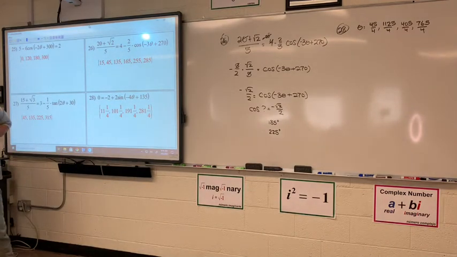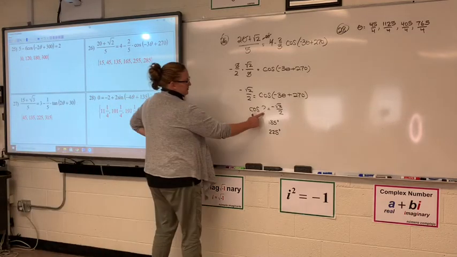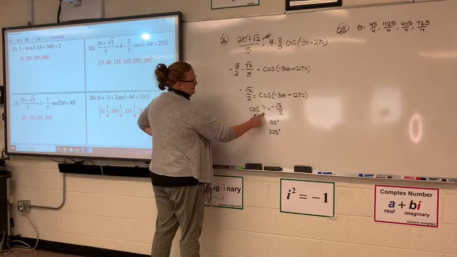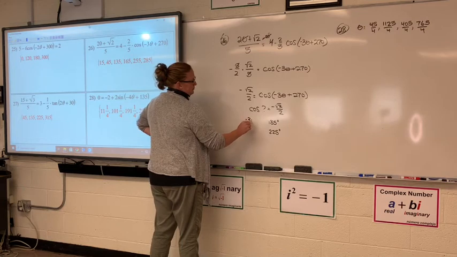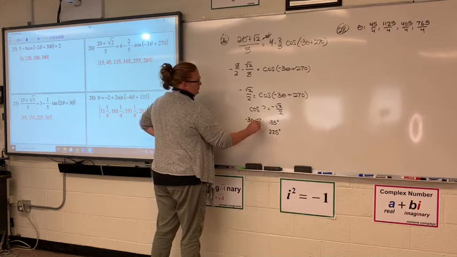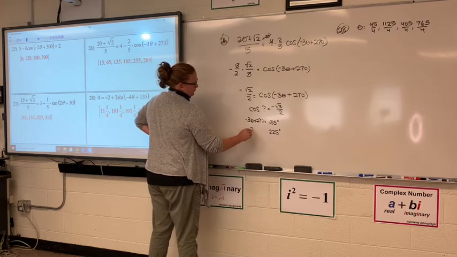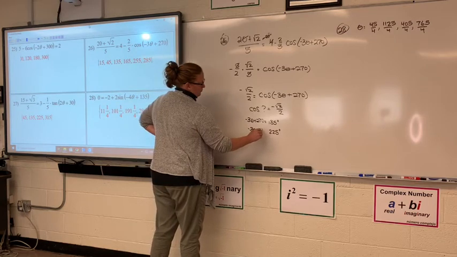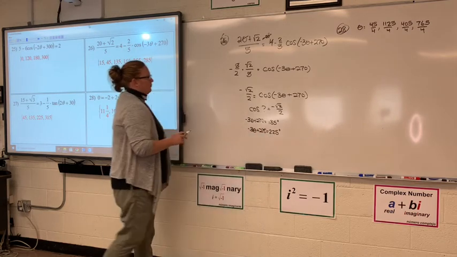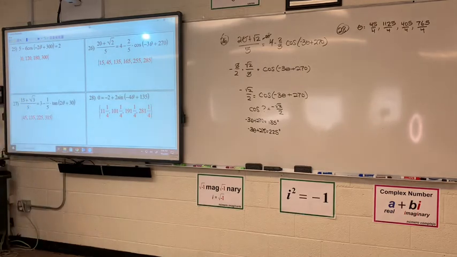Okay, and then what I'm going to do for that is, because this whole thing is going to replace that, I'm going to say negative 3 theta plus 270. So any questions there?